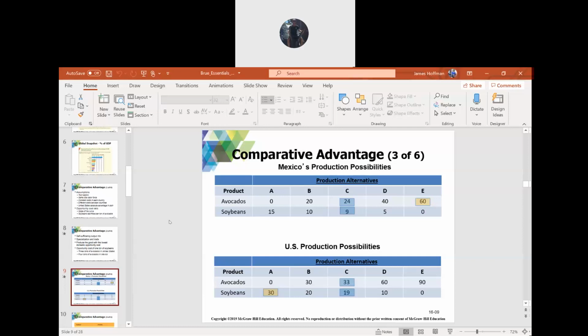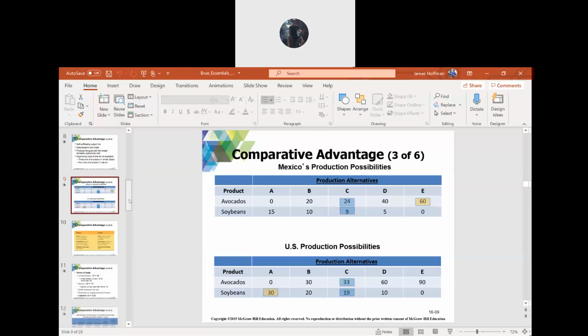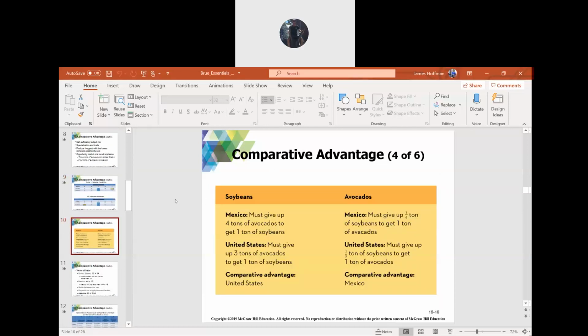So we have two countries producing the same goods, but they have different cost ratios. Okay, so the idea is to see what each country gives up for producing one type of good, and the country that gives up the least basically has a comparative advantage, and they're going to specialize and produce that.